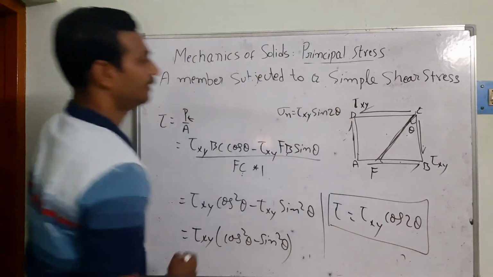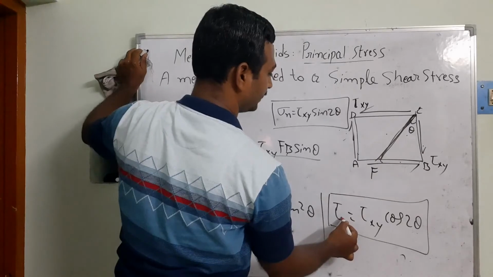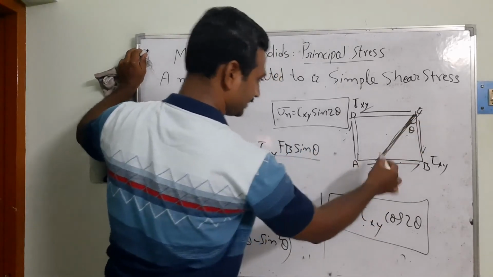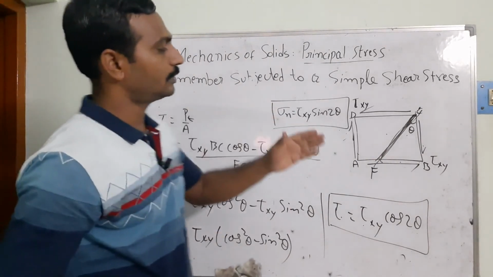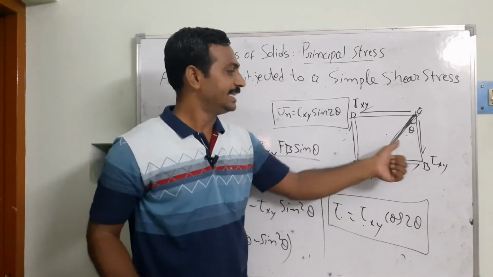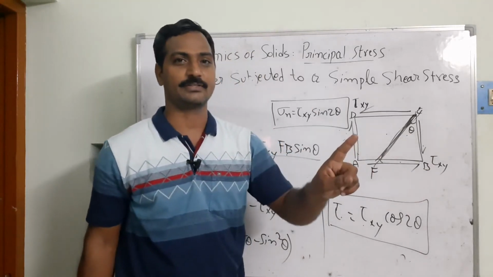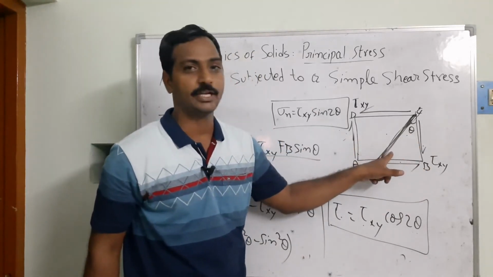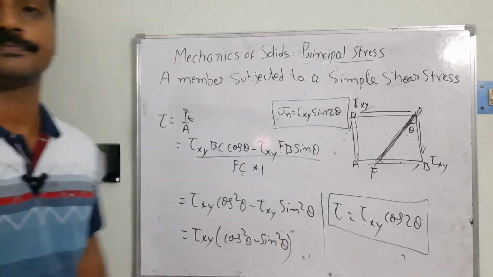So can you see here, this is the normal stress acting on your face FC, and the shear stress is acting on this face. It means when your body is subjected to shear stresses, this plane BC carries only shear stress, but when it comes to an inclined plane, it carries normal as well as shear stresses.